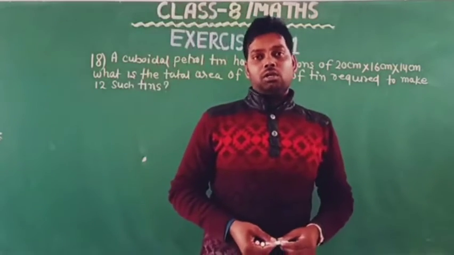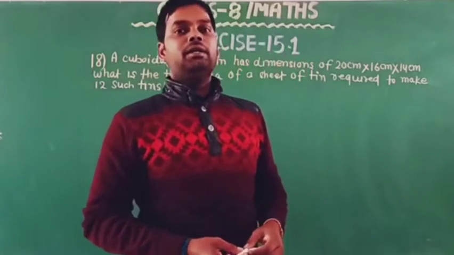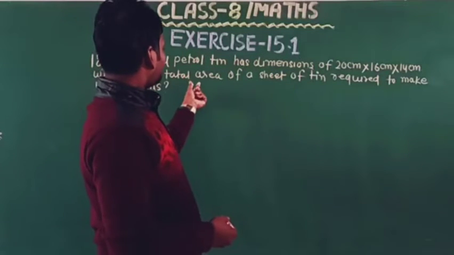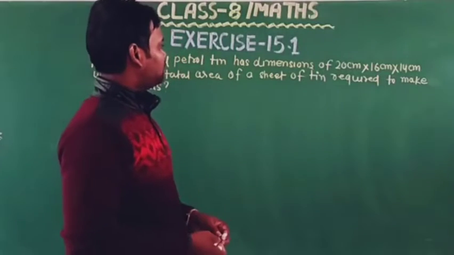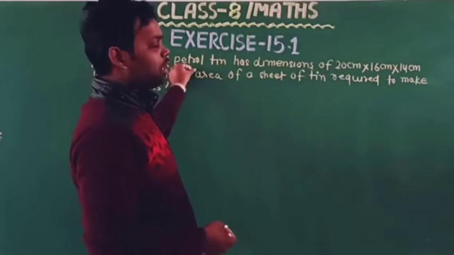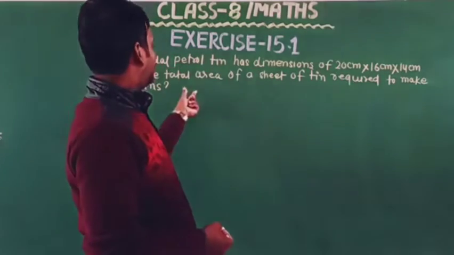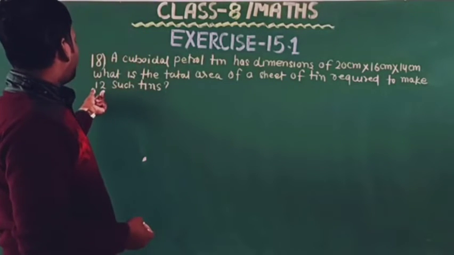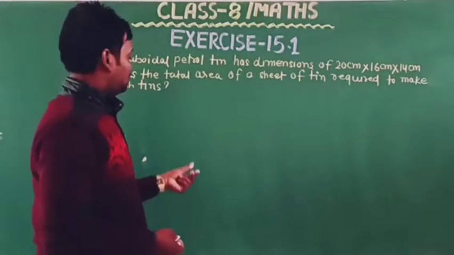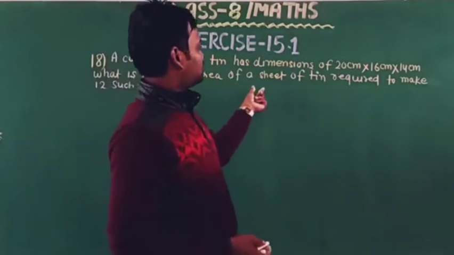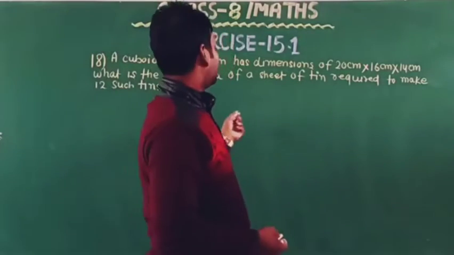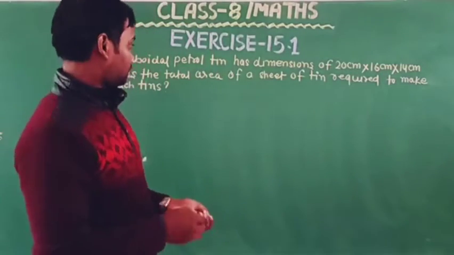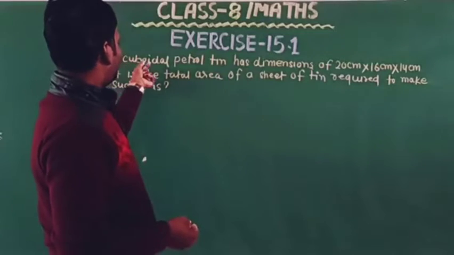So first we have to find the area of sheet required to make one cuboidal petrol tin, and then multiply by 12 to find the total sheet required. So let's begin. Let's solve it.